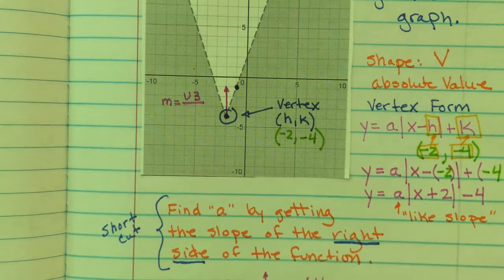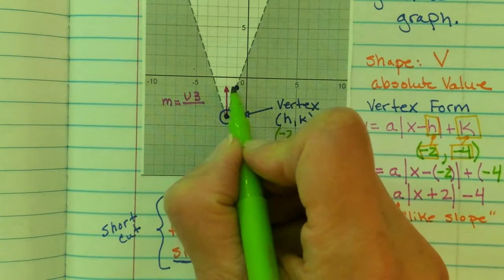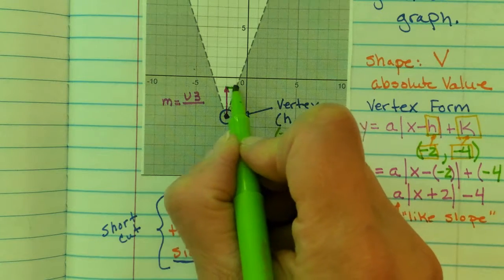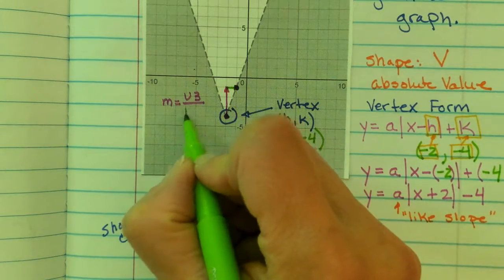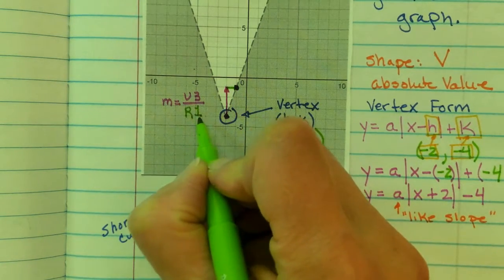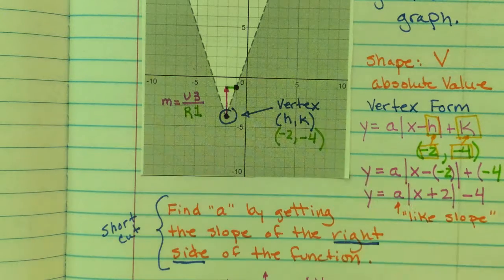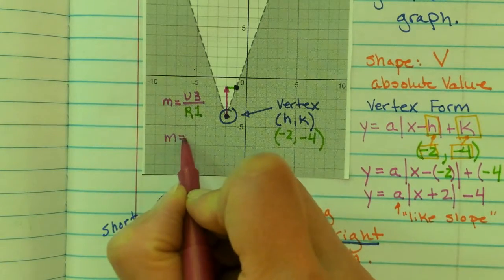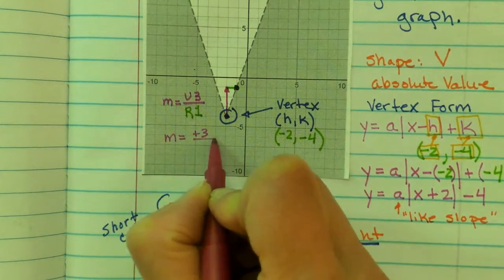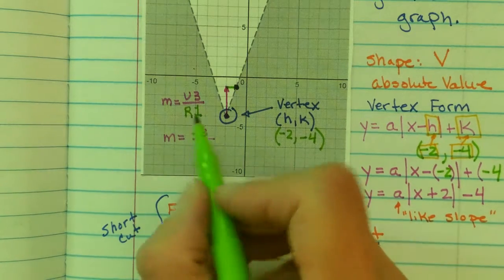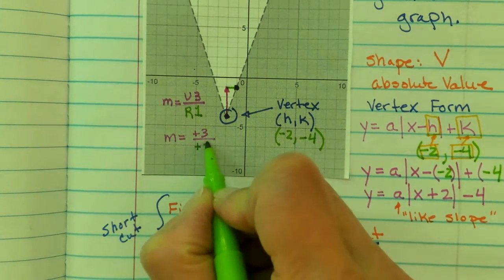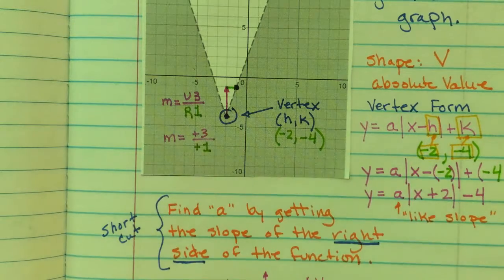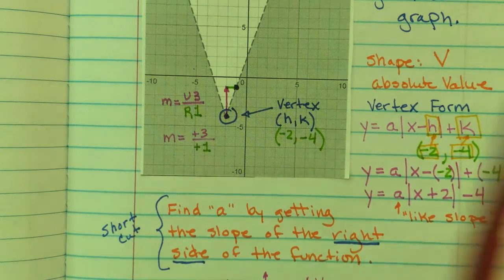And then my run is just over 1, so that's right 1. It's very important that you put the direction. Because up is positive, I can say my slope is positive 3. And because right is positive, I'm going to say plus 1. So this all simplifies to 3.